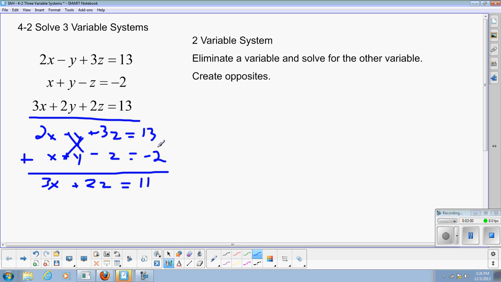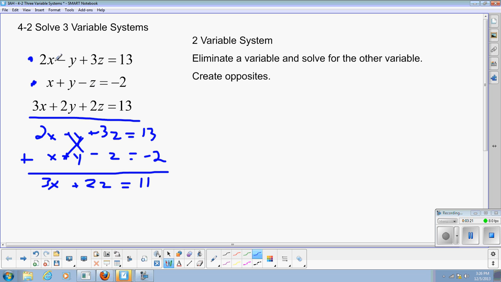All right, so I now have a two variable equation. Which variable did I eliminate here? I eliminated y. To do that, I used the top equation and the second equation. I now have to pick another pair of three variable equations and also eliminate y again.